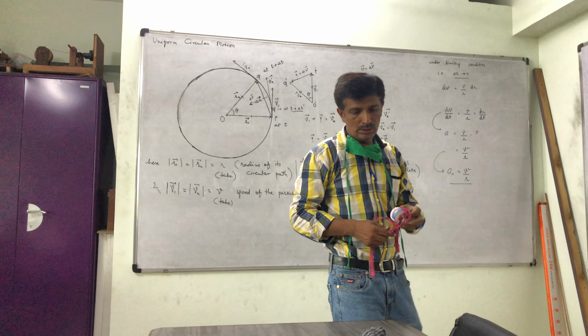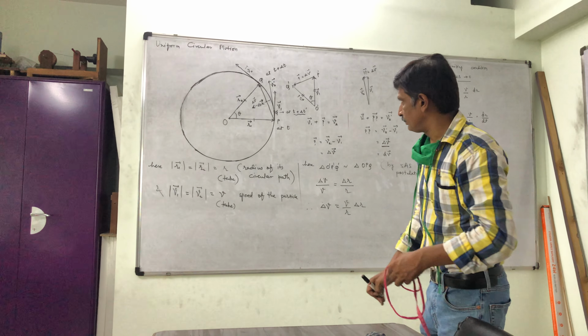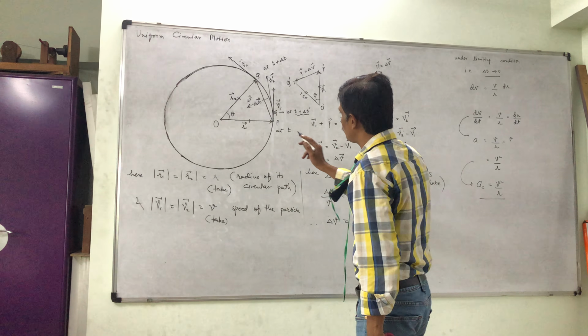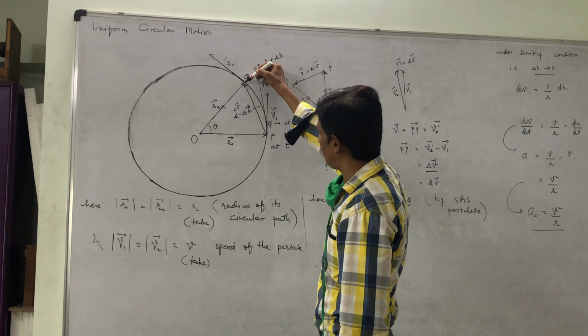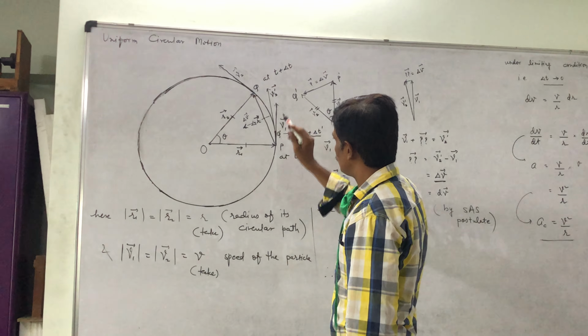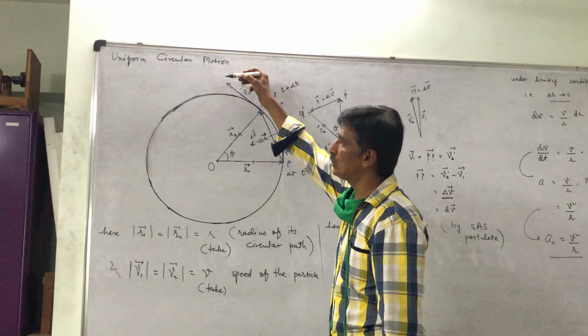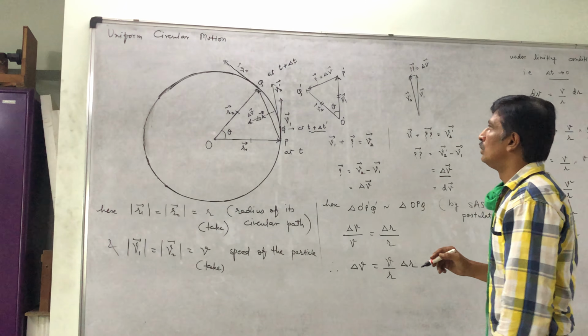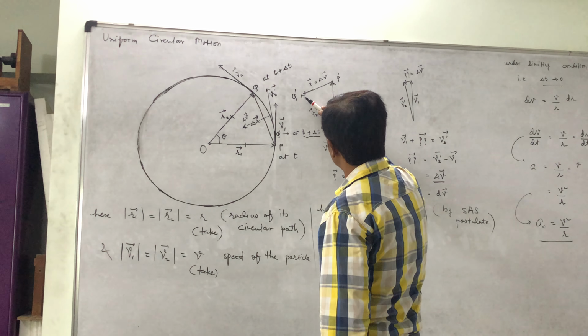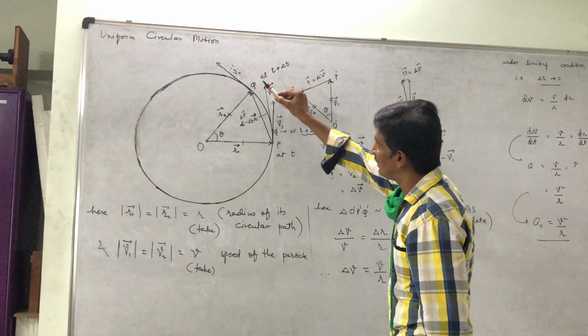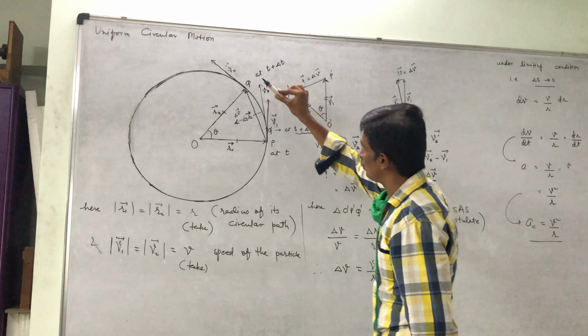Now, using geometry, suppose at time t the particle is here, and at time t plus delta t the particle is here. So this one is v1 and this one is v2. We have drawn these two vectors from the same point. These are parallel to v1 and v2.